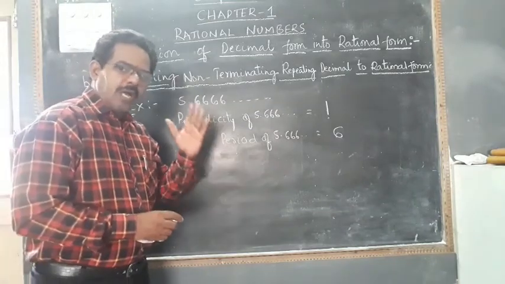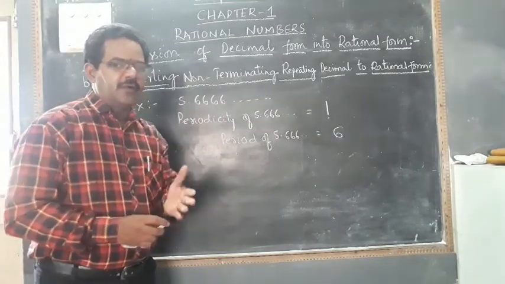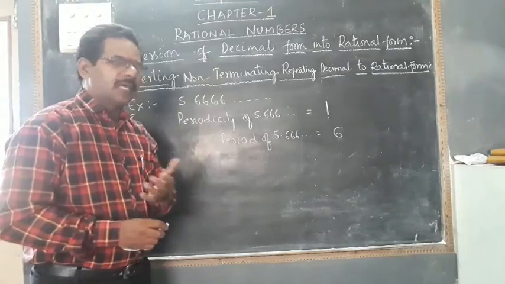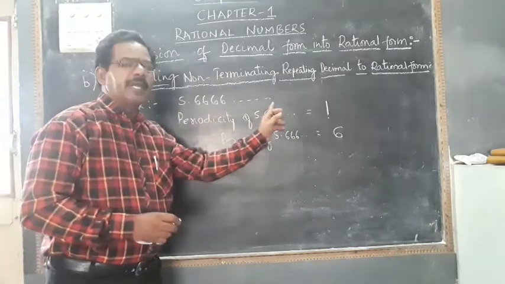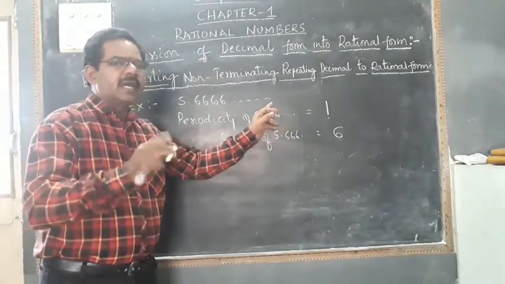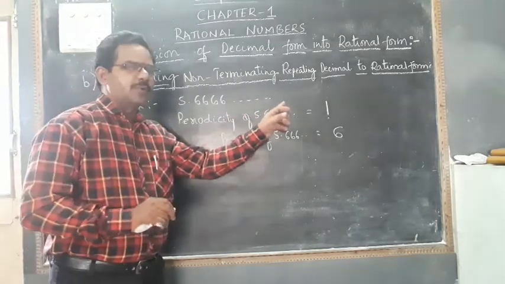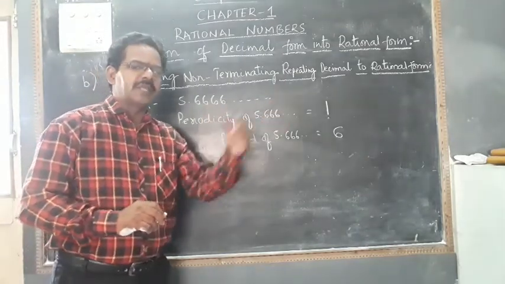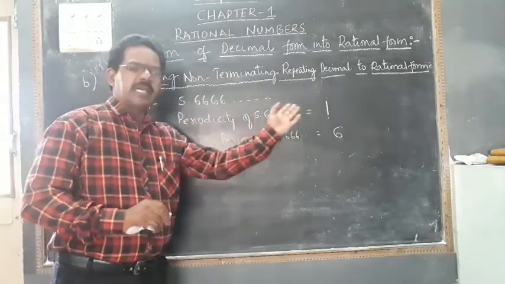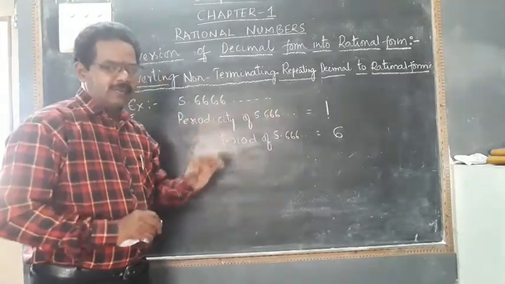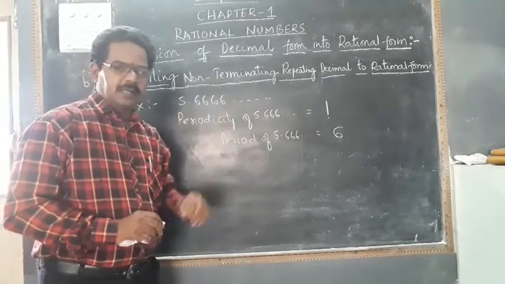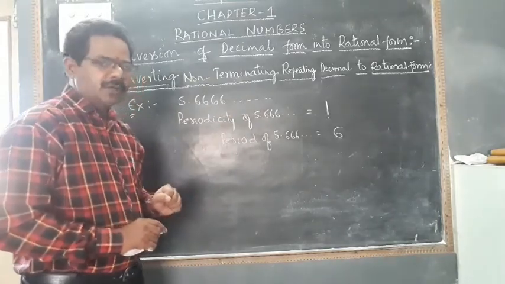One digit or 2 digits or 3 digits or 4 digits will continue like this. Here 1 digit is repeating, and we cannot get any 0. Understand? 5.6666 and so on. If you do the division many times, you get the same 6 as the repeating decimal in the quotient. The remainder will not become 0.